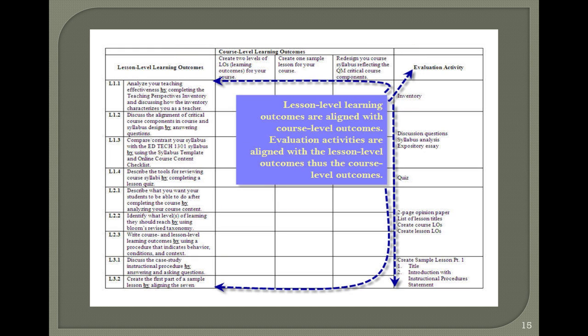The lesson level learning outcomes for WBI 101 were aligned with course level learning outcomes. The evaluation activities were aligned with the lesson level outcomes, thus the course level outcomes.